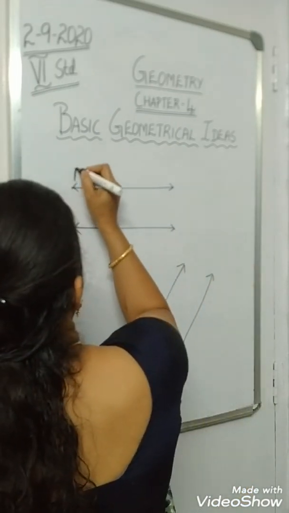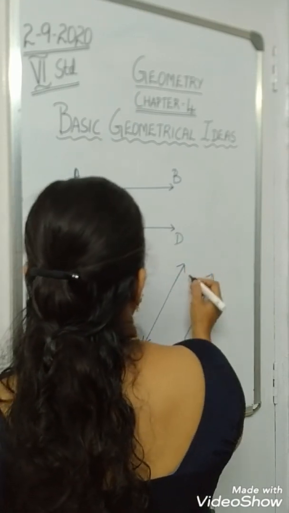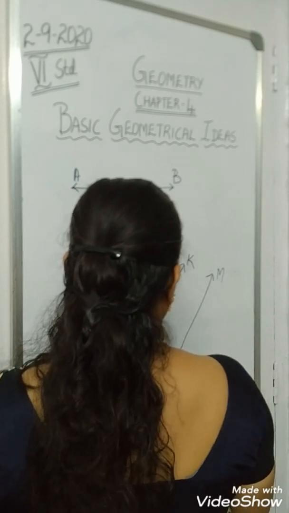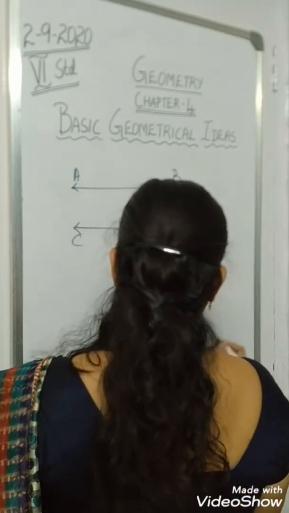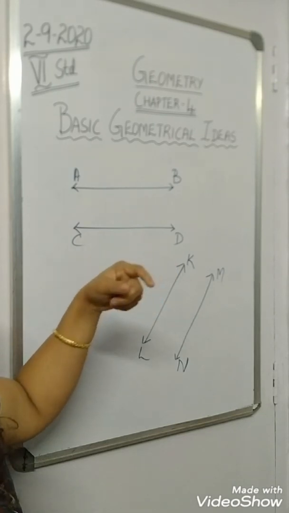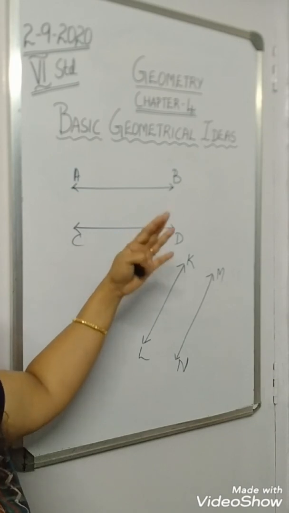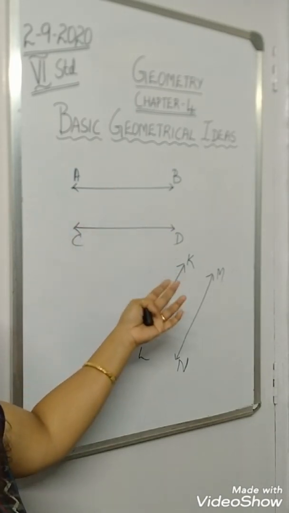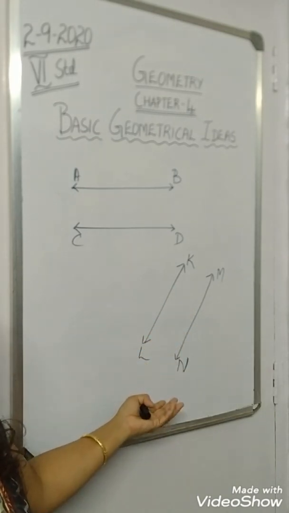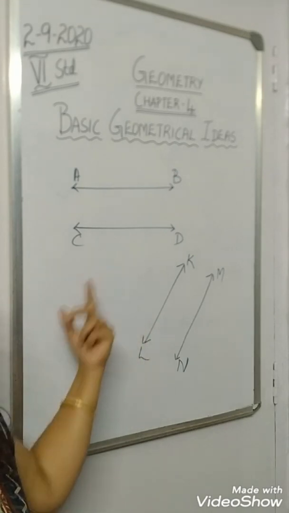Let me name this A, B. Here let us take it as C, D. Here K, L, M, N. Now can you tell whether A, B and C, D are intersecting lines? No, because they don't meet each other at any place. Here K, L and M, N, even they are not intersecting lines. Then what are they called?